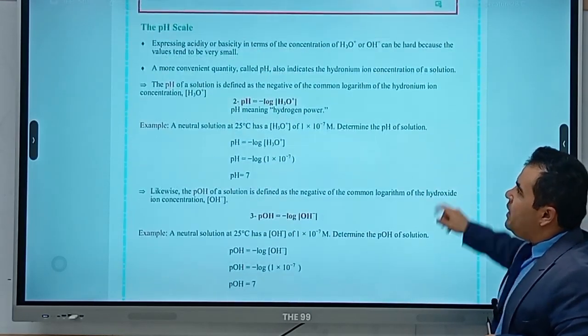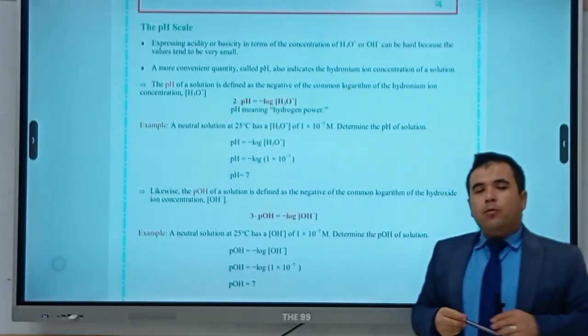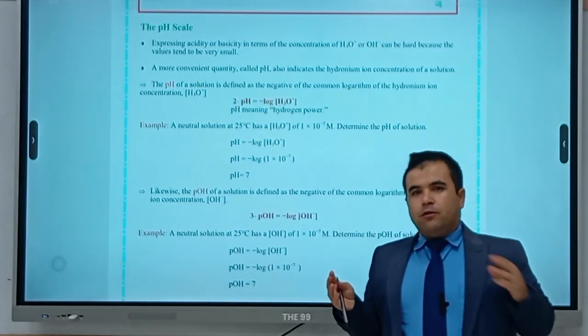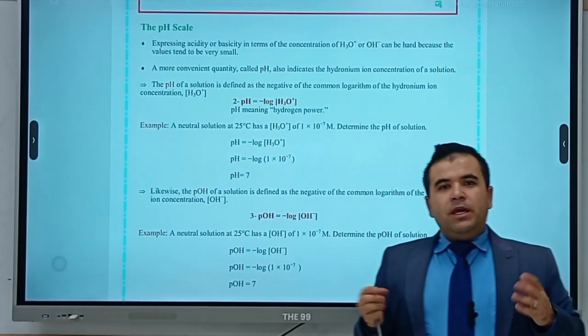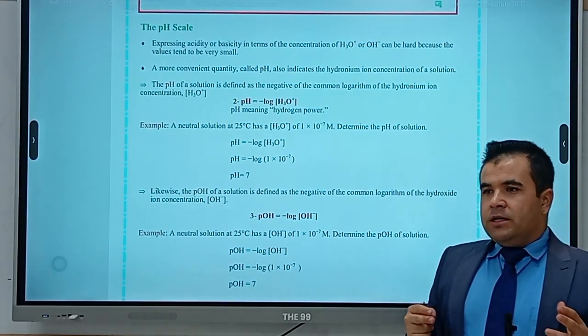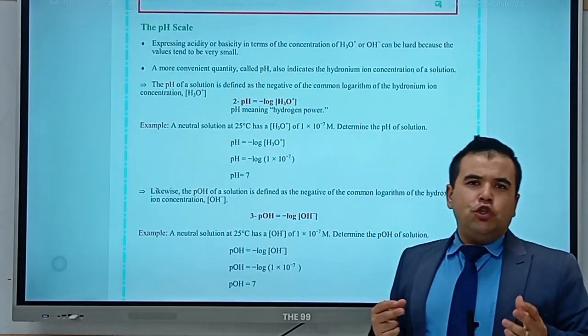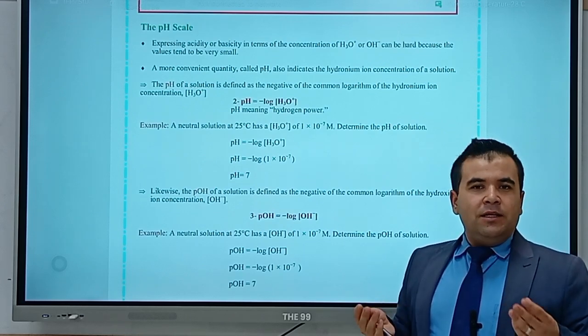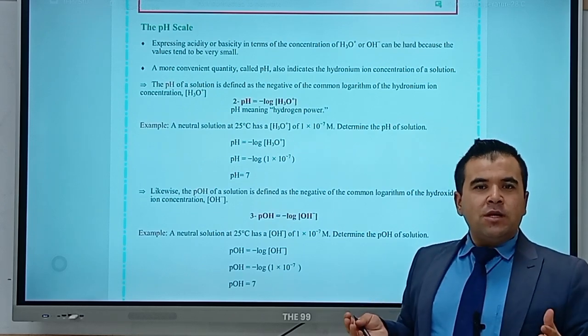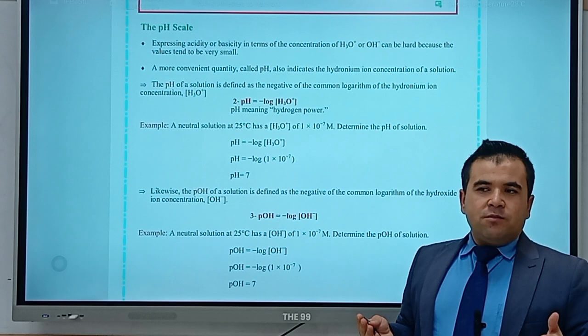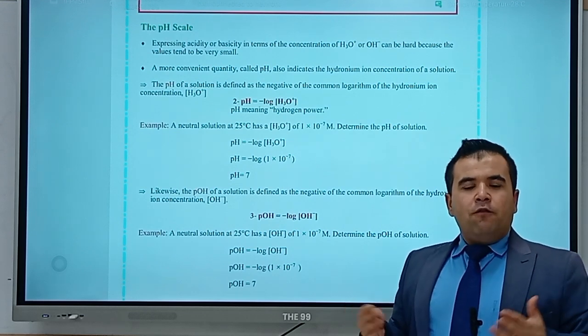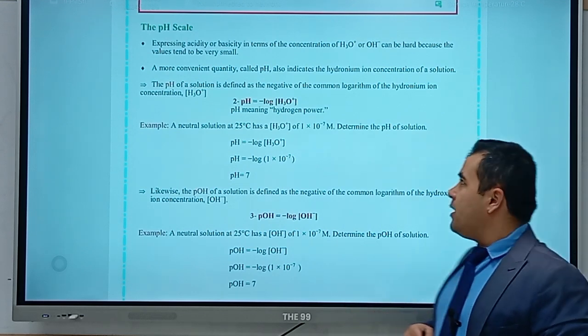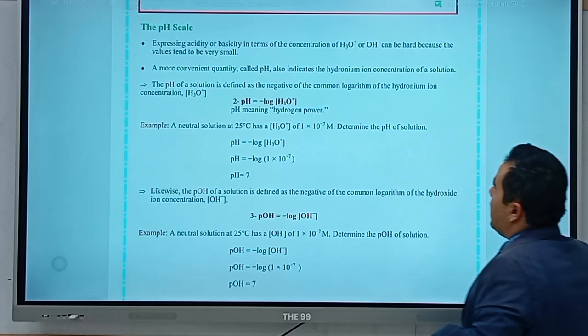Let us talk about the pH scale, guys. Probably you may have studied in the previous stages that the pH scale is a scale of measurement which is used to measure the acidity and alkalinity of solutions, and this scale is much easier to use for measuring the acidity and alkalinity of solutions.